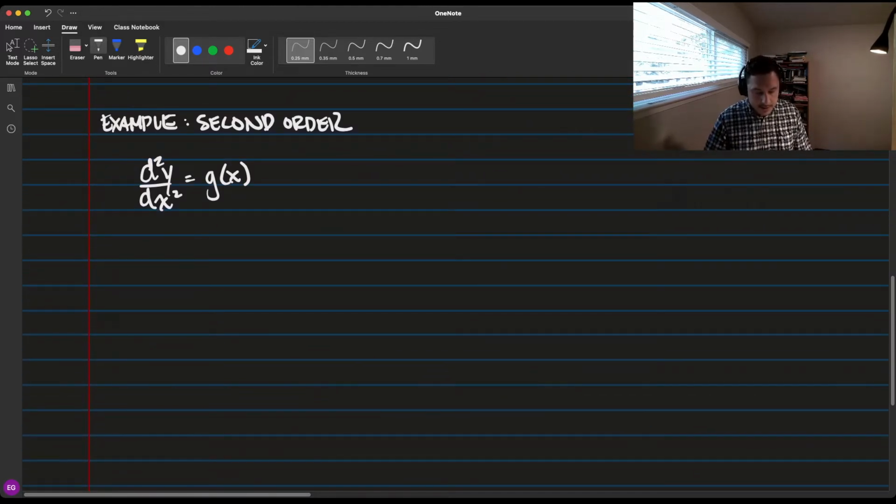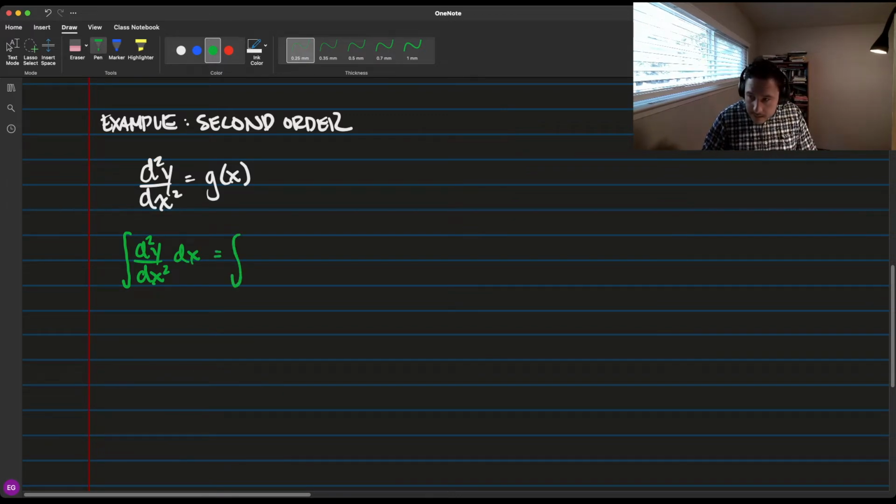If you integrate your second derivative with respect to x, integrating your second derivative will give you your first derivative. So instead of writing it as dy dx, I'm just going to write it as y prime. Integrating little g of x will give you the antiderivative big G of x plus c.